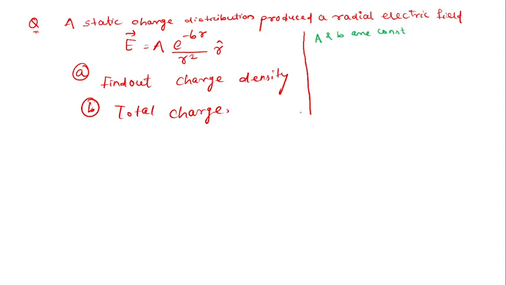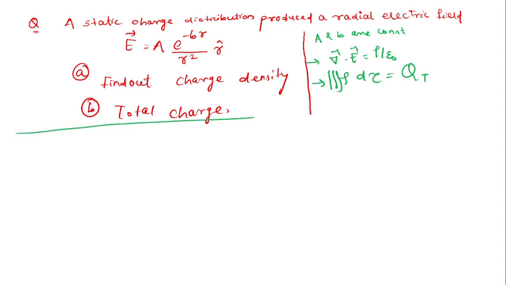To find the charge density, we can use the Poisson equation, that is del dot E is equal to rho upon epsilon naught, where rho is the charge density. And if we integrate rho over the entire volume d tau, we get the total charge.